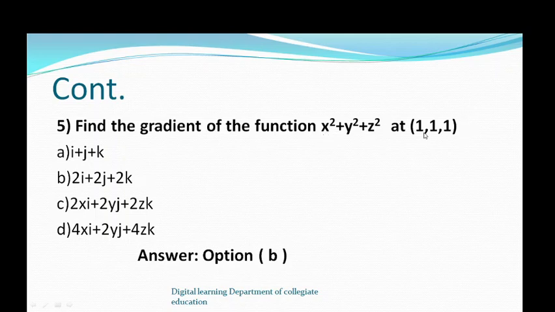We know x value 1, y value 1, z value 1. For x square, 2x becomes 2 into 1, value 2. Similarly for y square, 2y, y value 1, and for z square, 2z, z value also 1 in the given question. Therefore, option B is the correct answer.